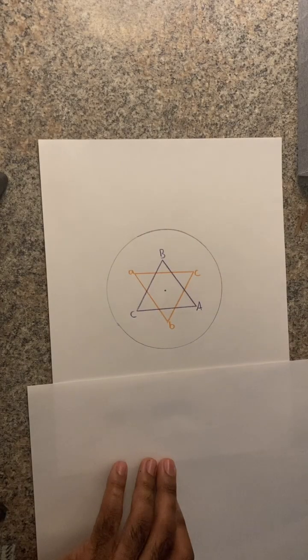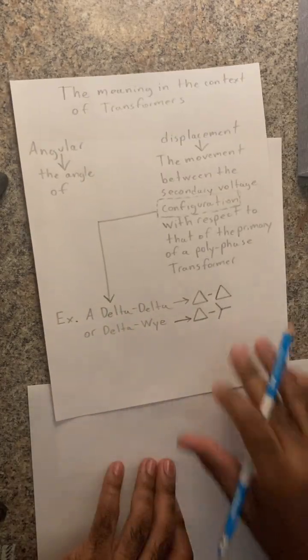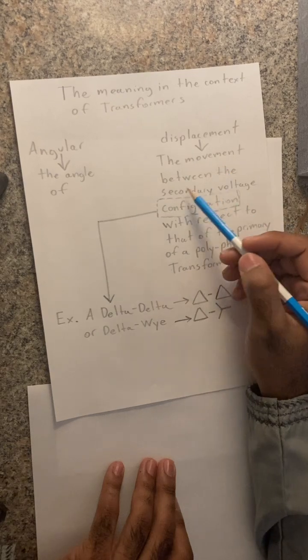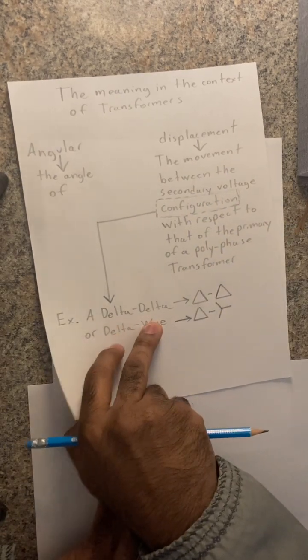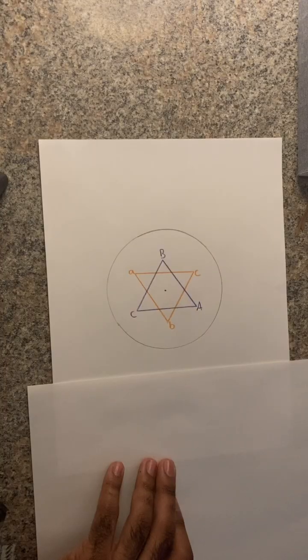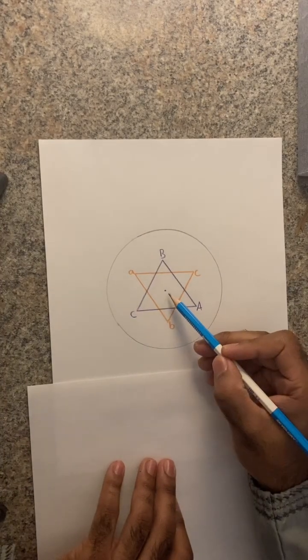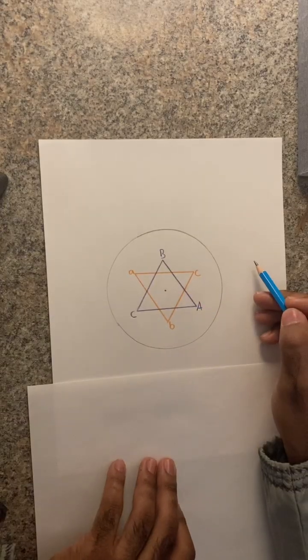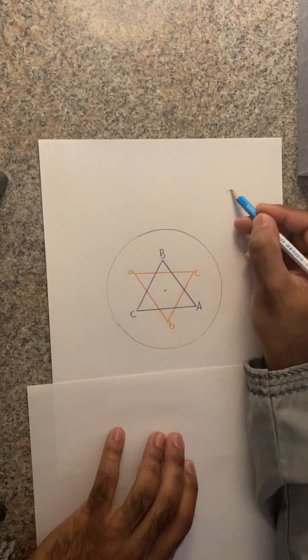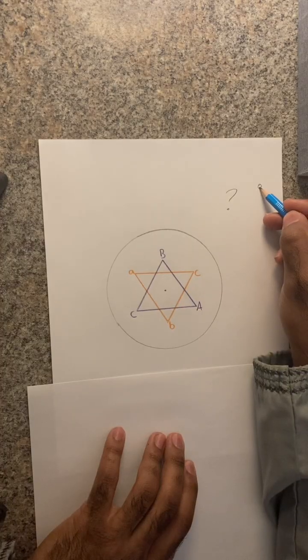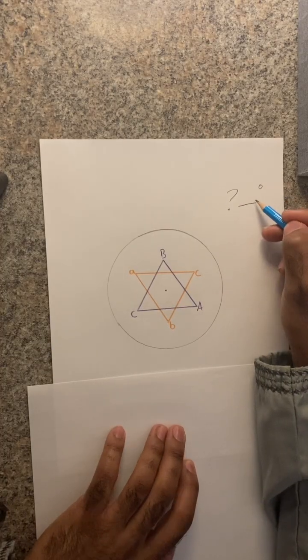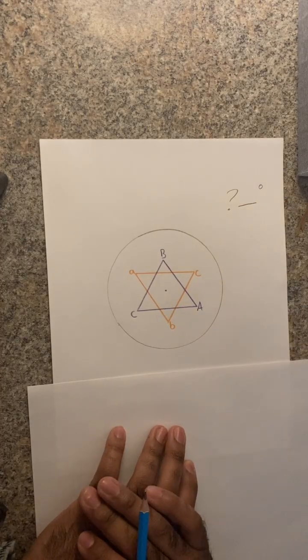Or if we go even to the more specialized definition, it's basically the movement between the secondary voltage configuration with respect to that of the primary of the transformer. So our definite amount of rotation is what is in question. The question is, what is our definite amount of rotation? That is measured in degrees. So it's some value measured in degrees.